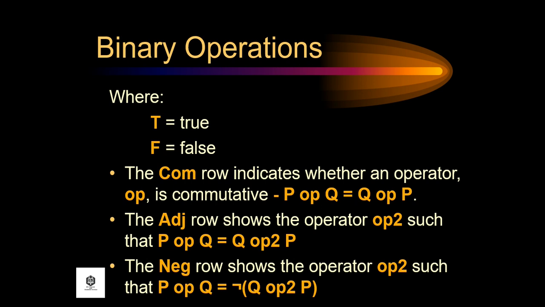The Adj row shows the operators such that P OP Q is equal to Q OP' P. The Neg row shows the operator OP' such that P OP Q is equal to not Q OP' P.